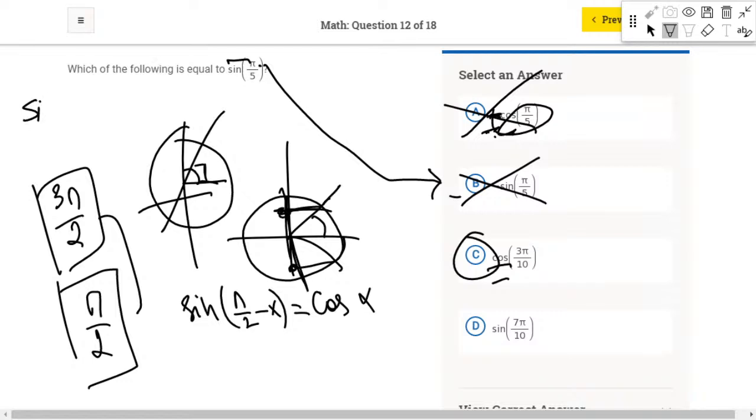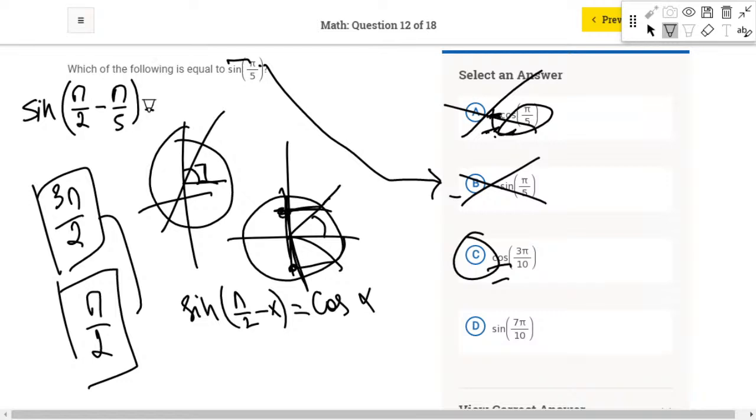So for sine, we can write 3 pi over 10 as pi over 2 minus pi over 5.